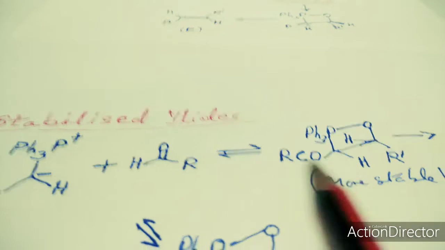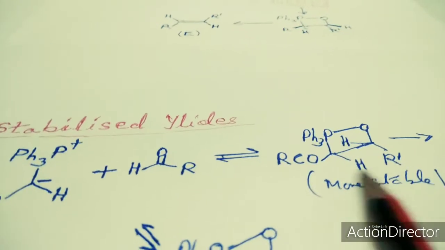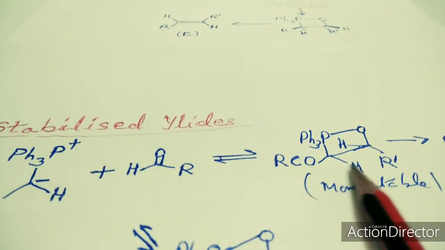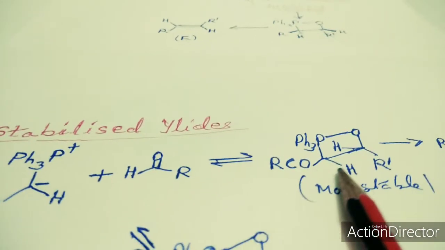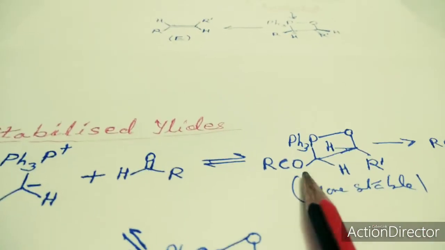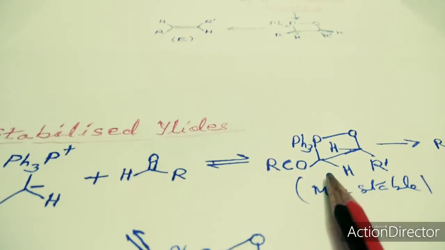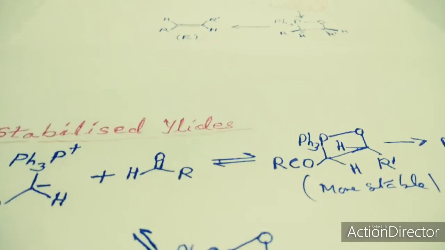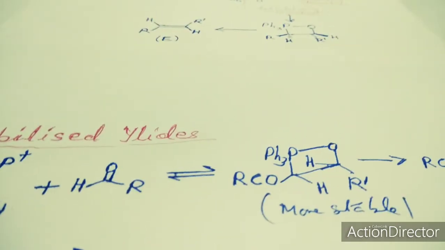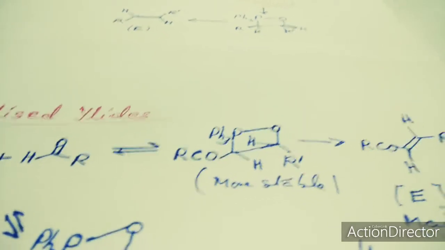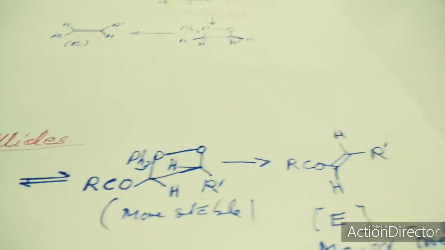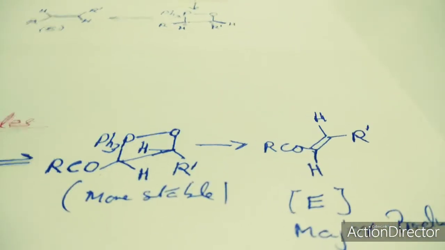In the case of the unstabilized ylide they were on the same side, because that was the kinetic aspect. This is the thermodynamic aspect, so they are away from each other. As a result, when this type of an intermediate oxaphosphetane collapses, it will tend to form the E alkene as the major product.